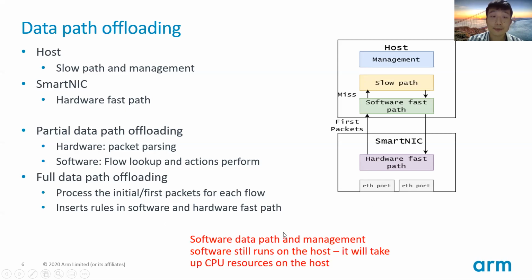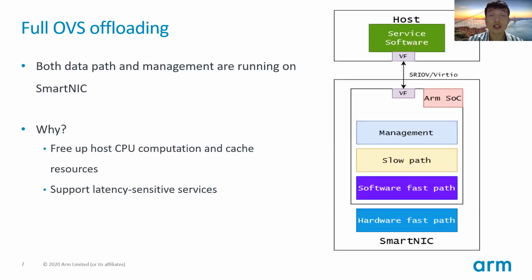As you can see, the software data path and management in both partial data path offloading and full data path offloading are running on the host. That means they will take up CPU resources on the host. So let's see what a full OVS offloading is.